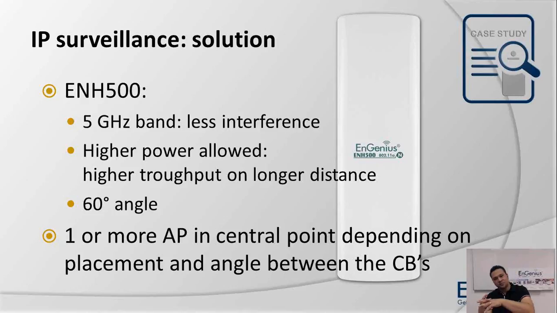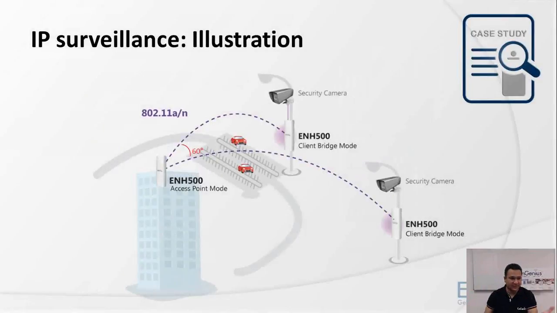Initially we had 3 points where we had cameras, and from one point we had to reach all these 3 points. This illustration only has 2 points, but in real life it was 3 points.